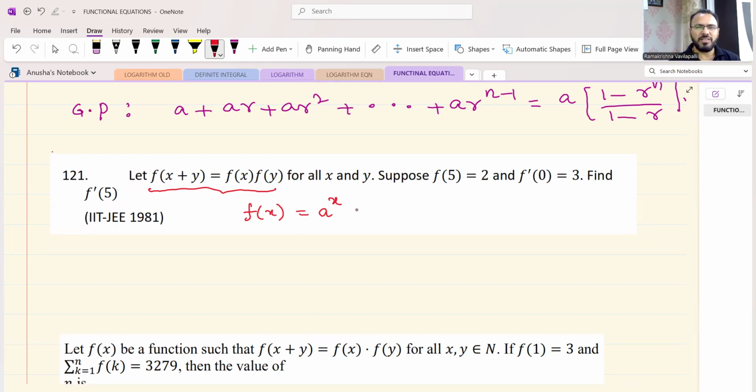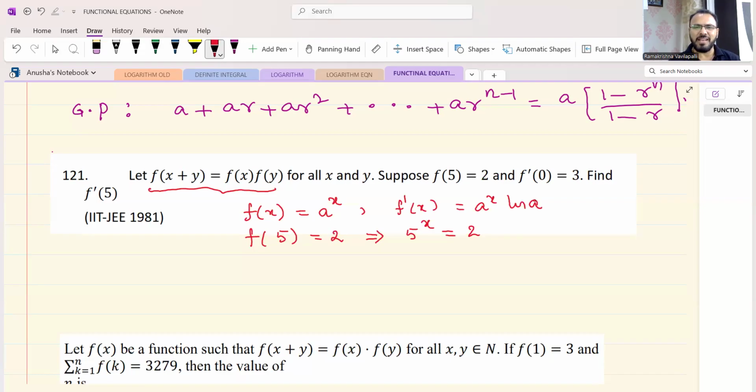Here we have given that f of 5 equal to 2, which implies a to the power of 5 equals 2. And what is f dash of x? f dash of x equal to a to the power of x log a.